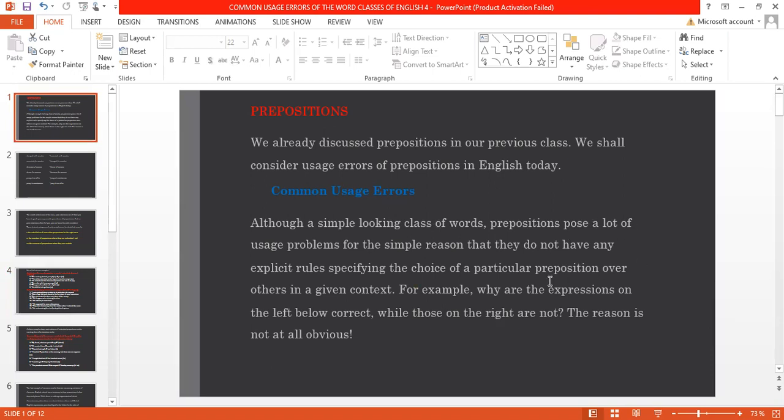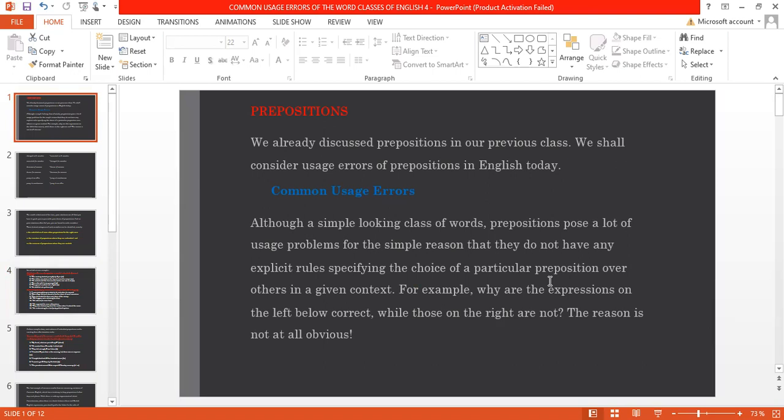Although a simple looking class of words, prepositions pose a lot of usage problems for the simple reason that they do not have any explicit rules specifying the choice of a particular preposition over others in given contexts. I mentioned it before, it has no defined rule of usage. And because of that, you run into problems in their use.